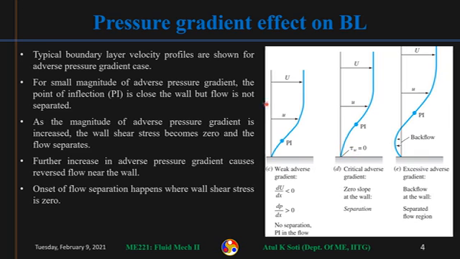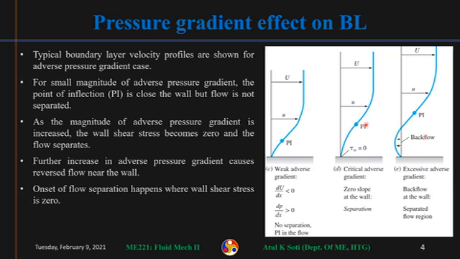Okay, so to conclude, adverse pressure gradient is a requirement for boundary layer separation or for this separated flow. But you see that with adverse pressure gradient, it is not guaranteed that flow will separate.